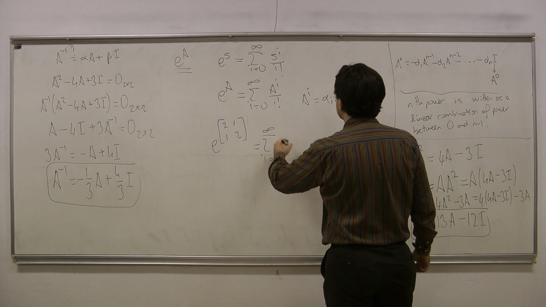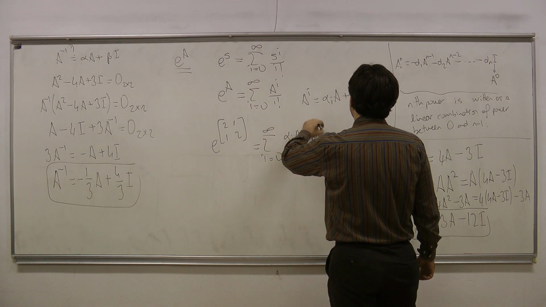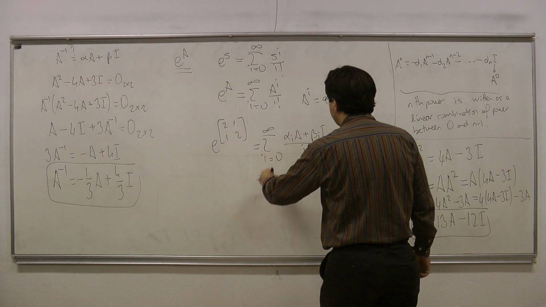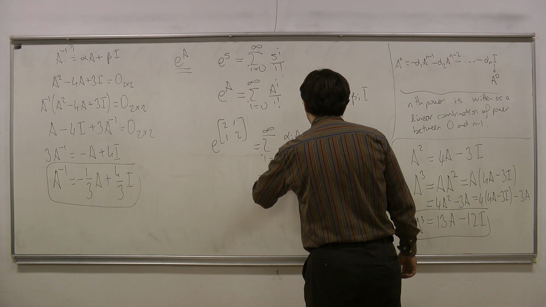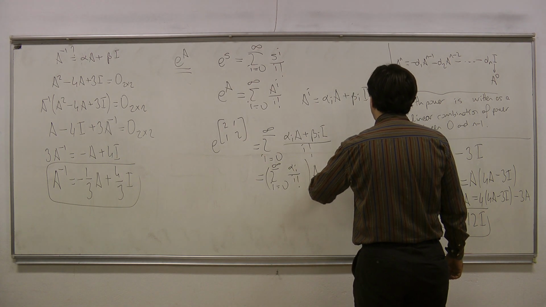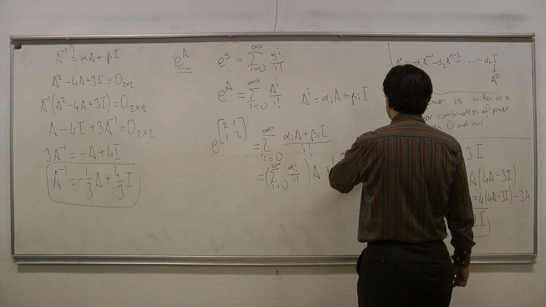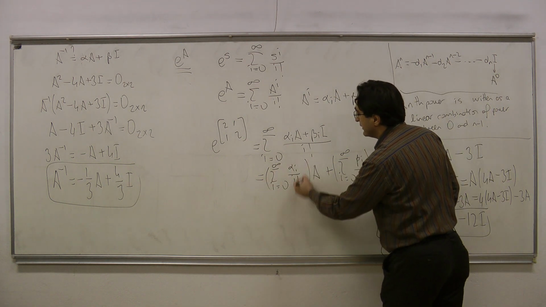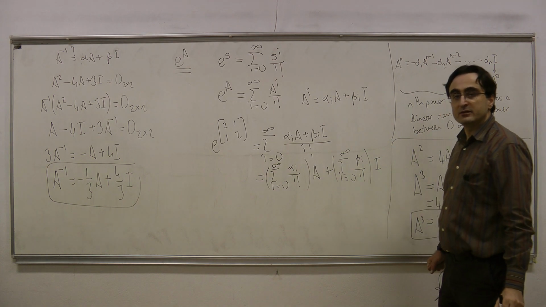Okay? So I can actually write this as alpha i A plus beta i identity over i factorial. So now I can take a parentheses, i from 0 to infinity, alpha i over i factorial, A, plus i from 0 to infinity, beta i over i factorial times identity. Okay? So you see that this is a scalar times A, plus a scalar times the identity matrix.